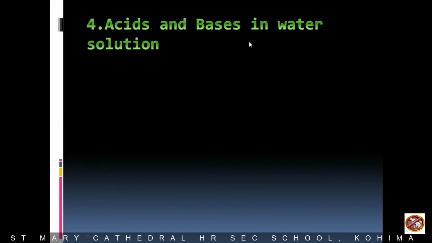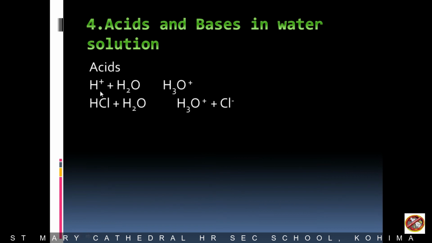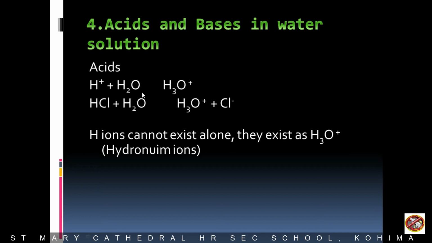When acid and base react in water solution, what will be formed? Acid's hydrogen ions will react with water to give you hydronium ions. These hydrogen ions cannot exist alone because they are very reactive.